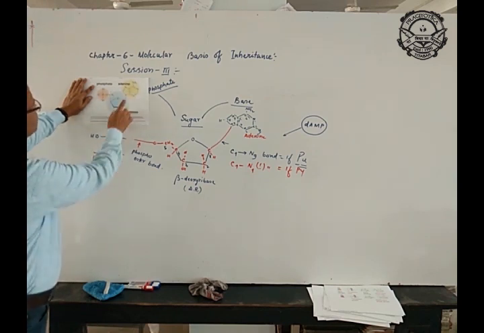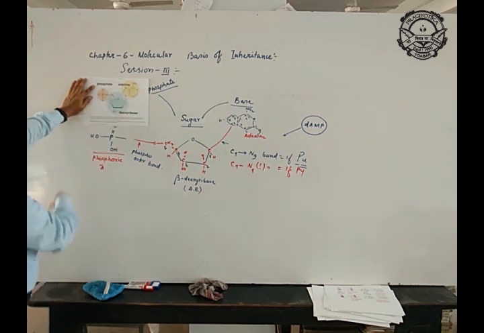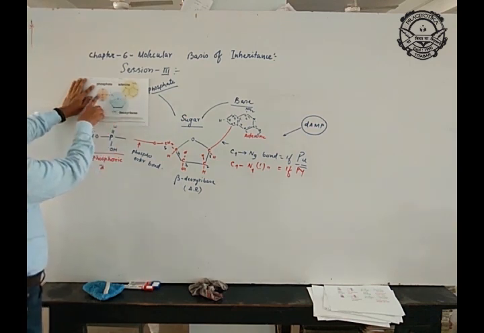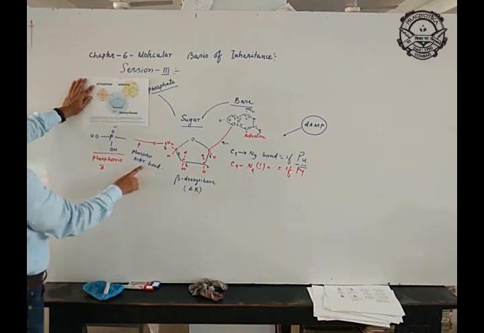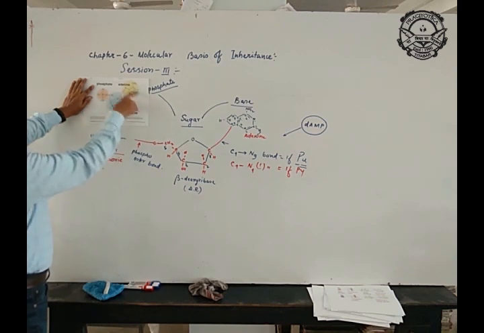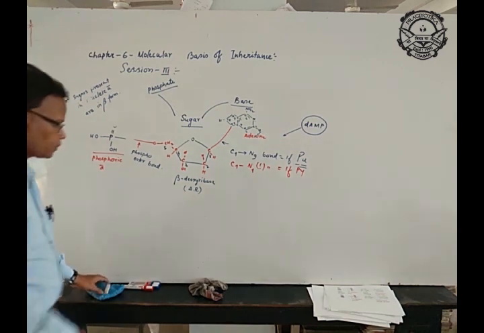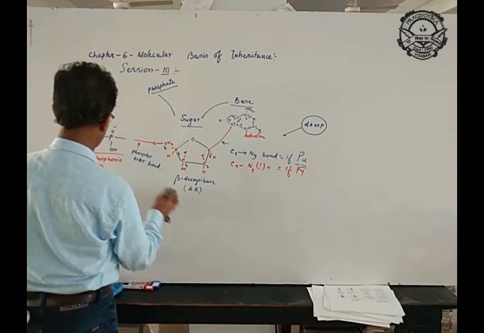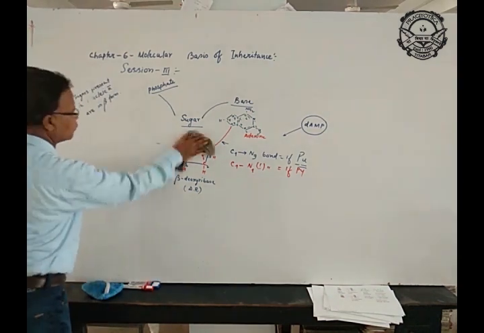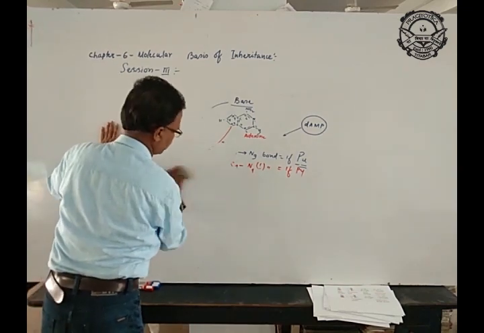The adenine base is joined to the sugar by a glycosidic bond, and the deoxyribose sugar to the phosphate group by a phosphoester bond. This is the structure of adenosine monophosphate, a typical nucleotide.